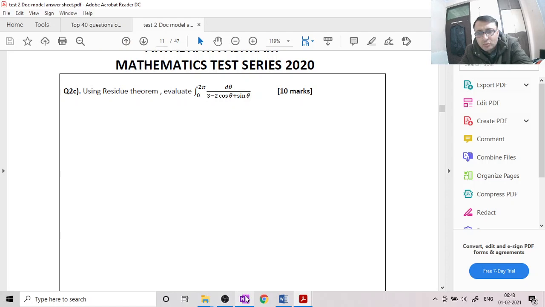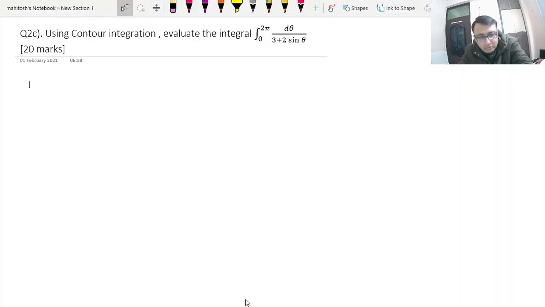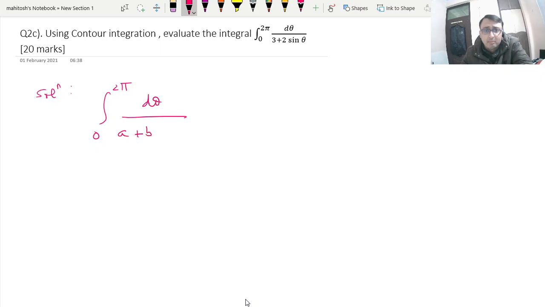Now coming back to your question, this is the question which was asked in your 2020 examination. Beforehand you know the answer to this question. It is asked for 20 marks, and you are supposed to do it by contour integration. Again, it is along a unit circle, that is the integral from 0 to 2 pi of d theta by 3 plus 2 sine theta. So we know these results: a plus b cos theta or sine theta, whatever the trigonometric function.